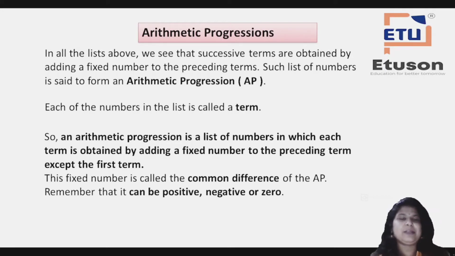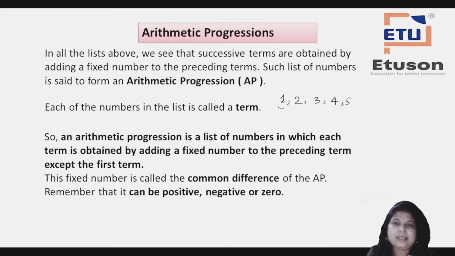For example, 1, 2, 3, 4. Here 1, 2, 3, 4, 5, 6, each and every one is called a term. What is the common difference? 2 minus 1. Let me write it so that it will be more understandable. Suppose you have 1, 2, 3, 4, 5.